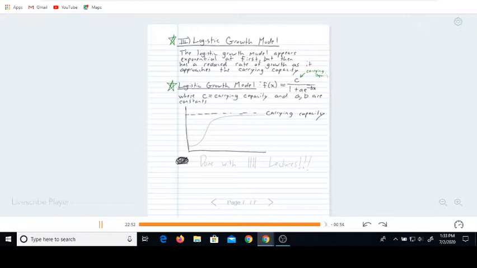I think you have a problem in the test review where it asks for the carrying capacity. It's just the number in the numerator. So easy to identify. And then the graph looks something like this. So at first it looks exponential, but then as you start to run out of resources, that rate of growth is going to decelerate, and it's eventually going to start flattening off to the carrying capacity.